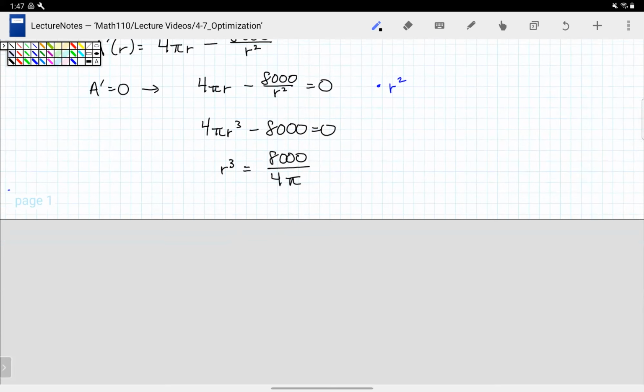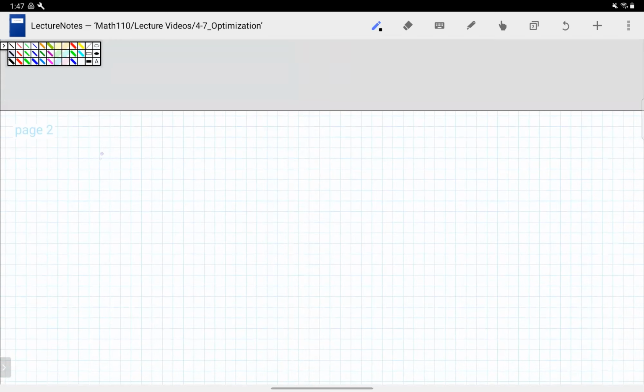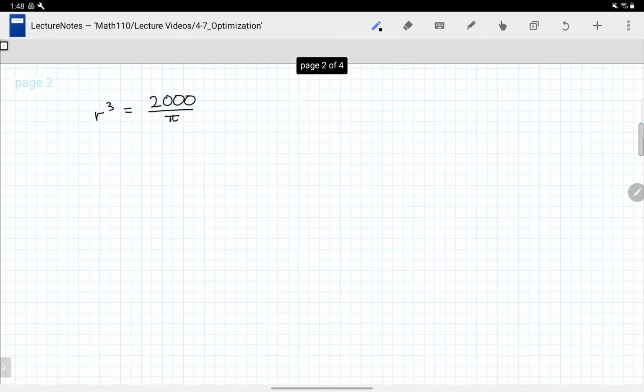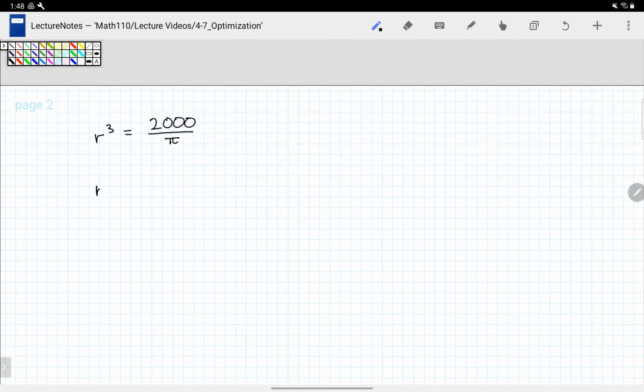R cubed equals 8,000 over 4 pi. I have a common factor of 4 that I can cancel out. So it's 2,000 over pi. Okay, so taking the cube root, r equals the cube root of 2,000 over pi.